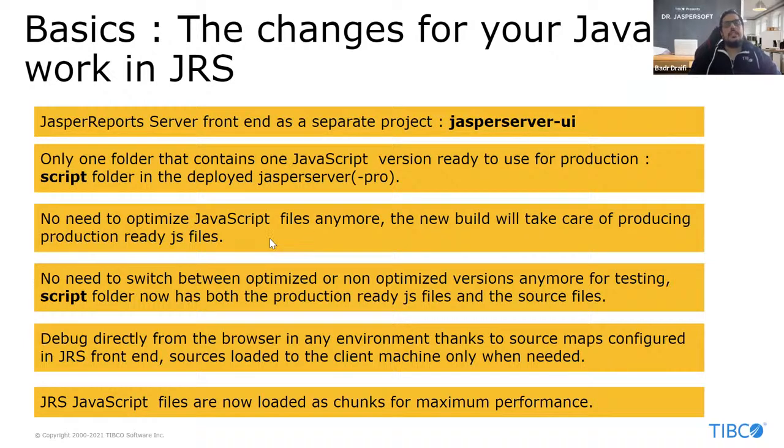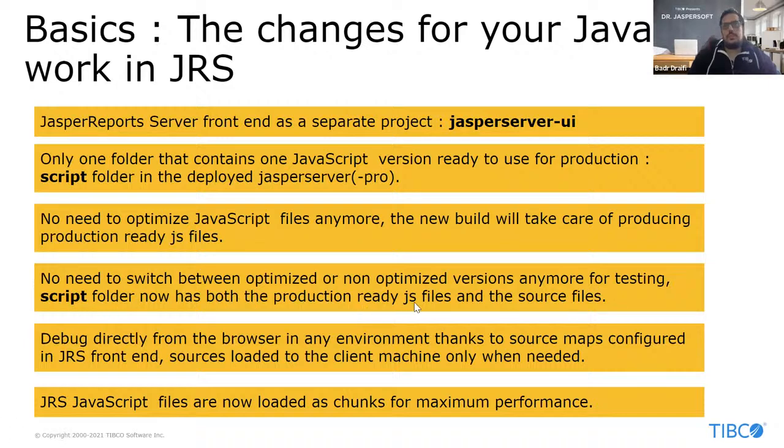So the option _opt=false is not supported anymore. The new build that we're going to see will take care of producing those production ready JS files. No need to switch between optimized and unoptimized versions anymore for testing.